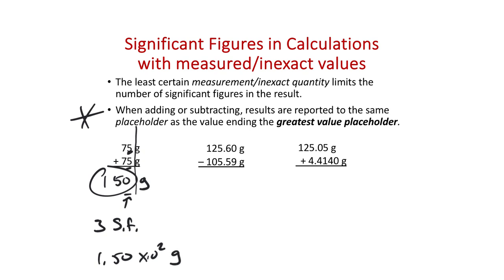And let's think about why this works and why we would round off this way. The inherent uncertainty here is plus or minus 1 gram. That's what we mean by the 75. We have some uncertainty in that 5 digit of at least a value of 1. And so imagine you have 75 plus 75, that's 150.